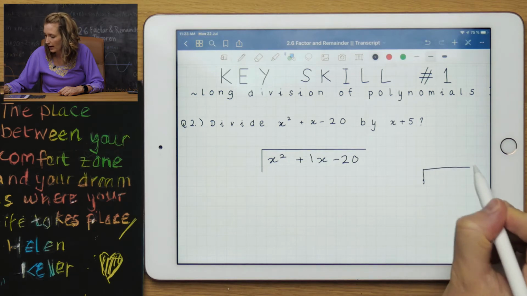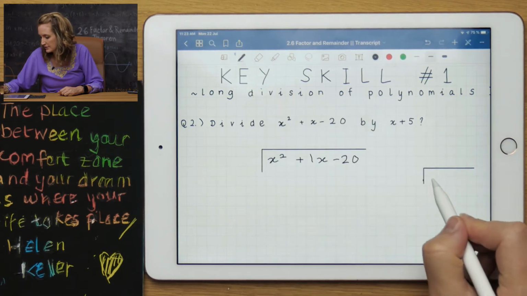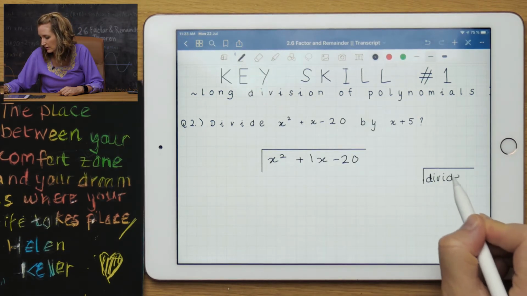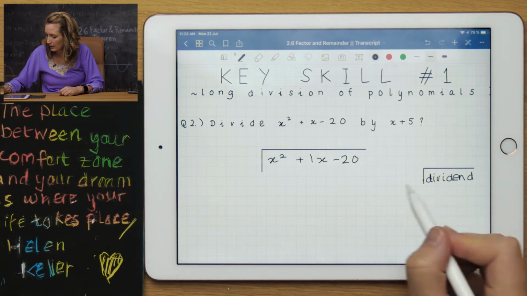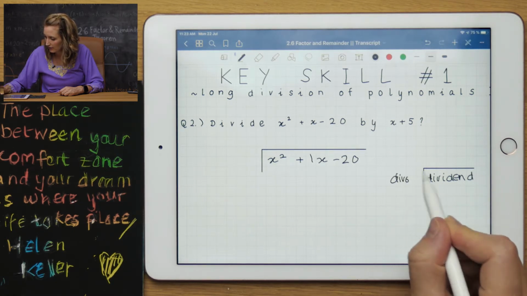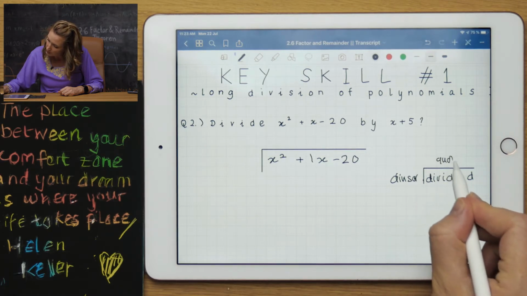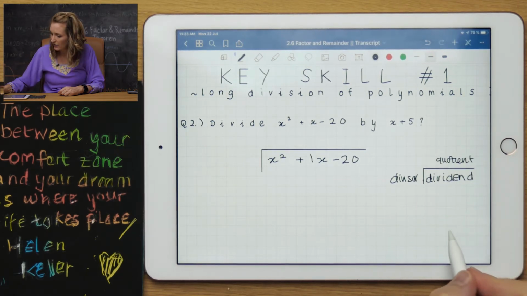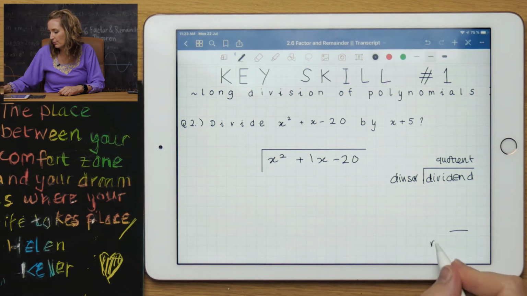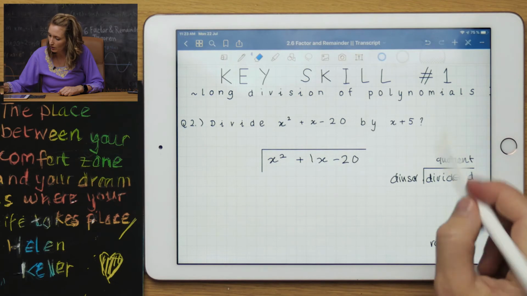Here we have the dividend, here we have the divisor, up here we have the quotient, and usually at the very end you put your remainder down here. That's more or less how the structure works.